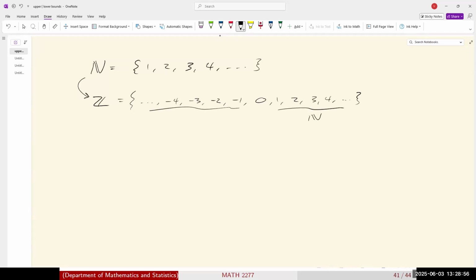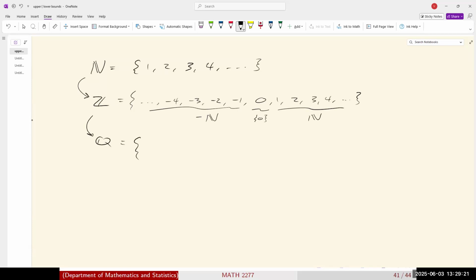In some sense, these are the negative of the natural numbers, and then they just add in 0. So constructing the integers from the natural numbers is very straightforward. Essentially, what you're doing is adding to it the additive inverses, right? And how to go from Z to Q?